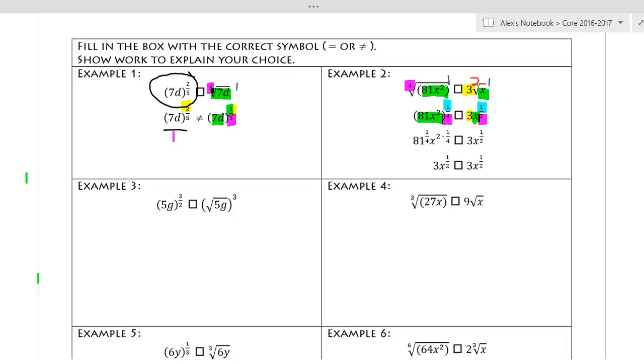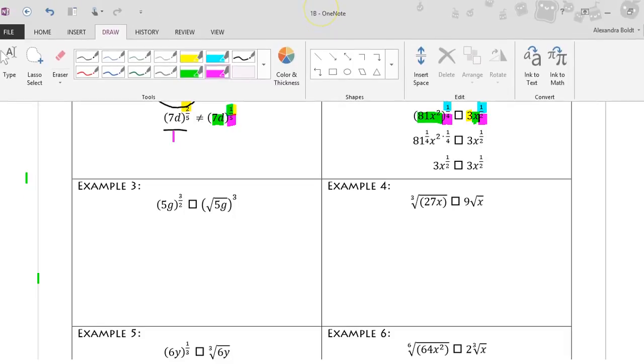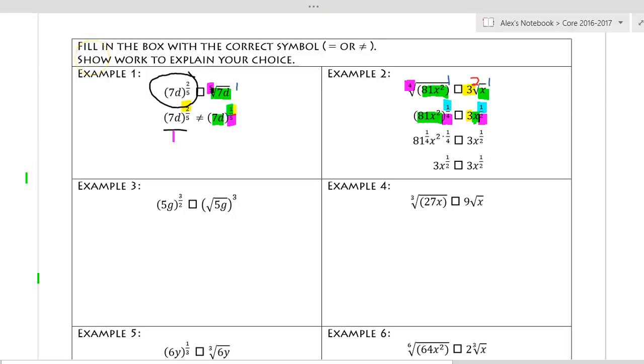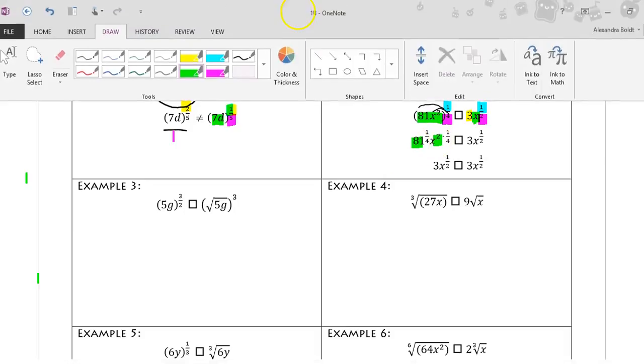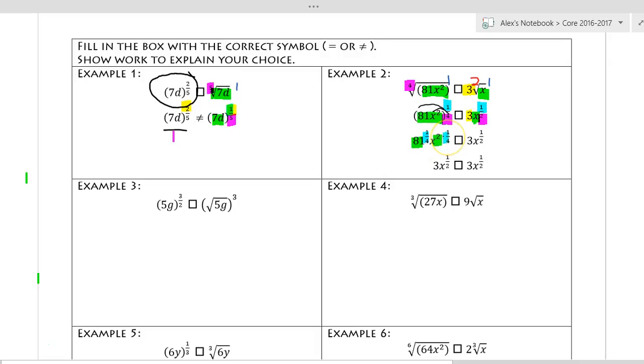The left side, I still have parentheses, and I'm raising all of that to the 1/4. So now, again, we have to go back to target 1A. This is the power rule. I have to distribute that 1/4 to both of those, right? So I have 81 and x squared, and both of those get raised to the 1/4. 3x to the 1/2, since it just stays the same, I'm just going to write it underneath to keep my work nice and organized.